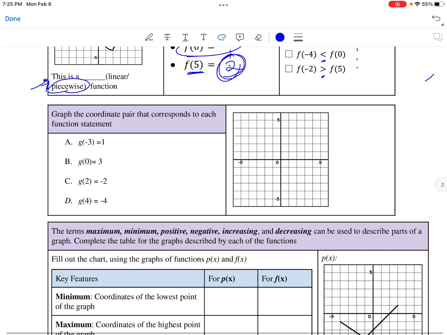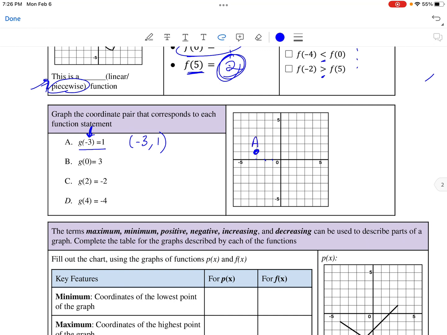Okay, here we're going to graph some coordinates. So we're told that when the input is -3, the output, g of -3, is 1. So we could write that as an ordered pair. We'll put the input first as an x value and then the output. And then we'll graph that point. So we have -3 and up 1.